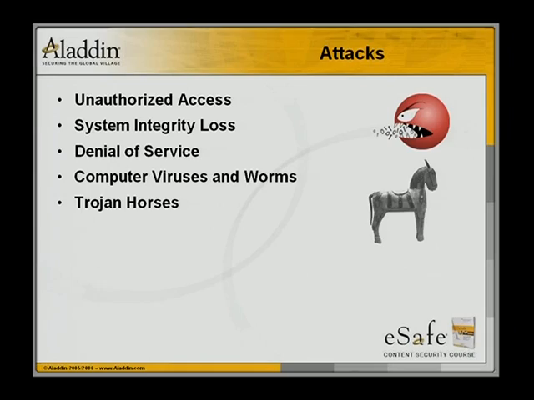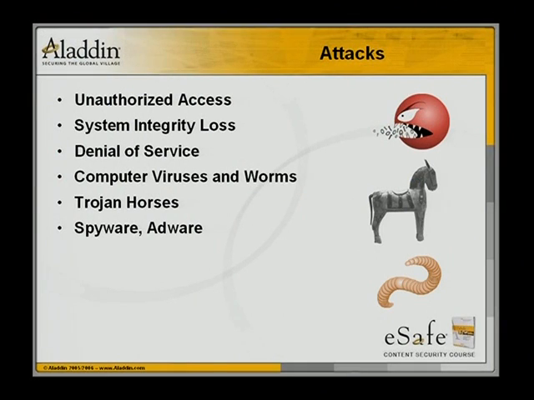Trojan horses. A Trojan horse is basically a program that is a backdoor on your computer, and a remote attacker can remote control your computer and do whatever he wants with your data and applications. Another type of attack is spyware or adware.